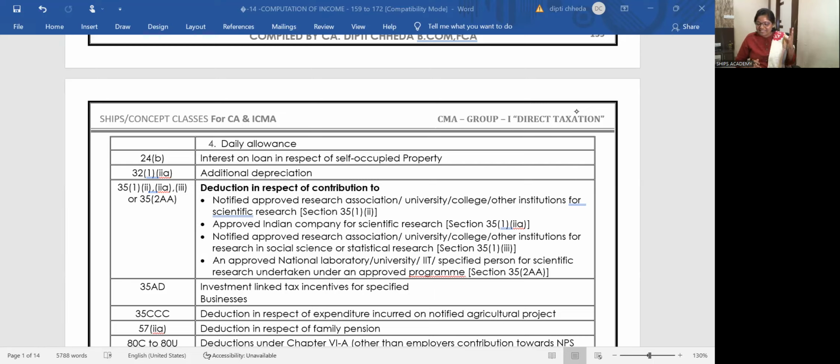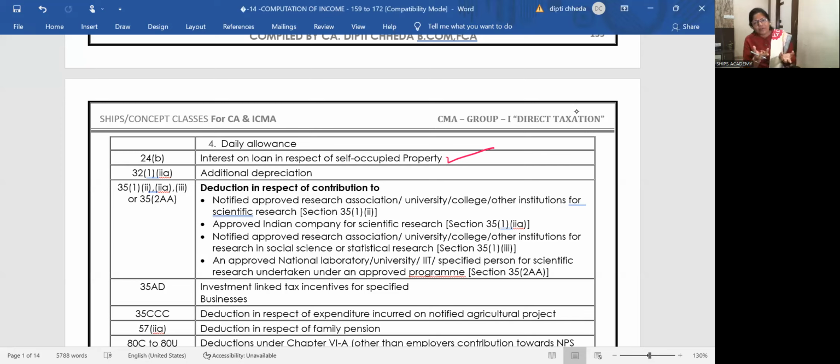First, you decide GAV by the step method, less the municipal taxes, you get the NAV, and after the NAV, less the standard deduction of 30% and interest on loan. Interest on loan in case of self-occupied property is not allowed.